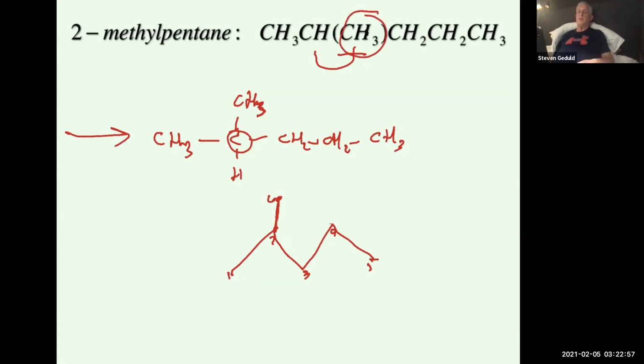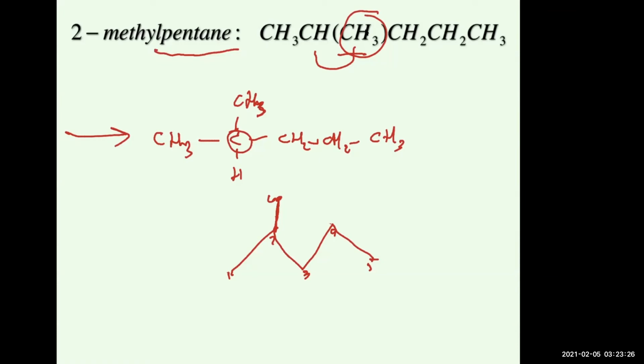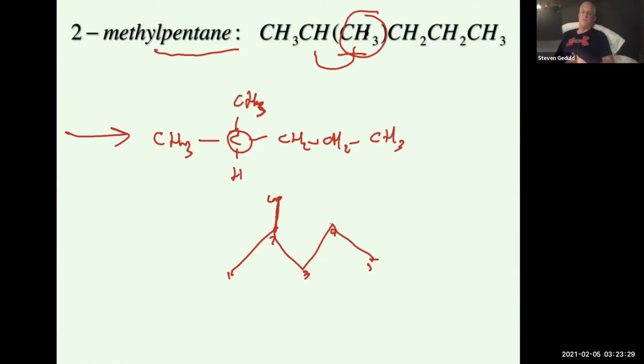And what the name tells you, when we get into naming structures, we'll give you a little preview of it right now. When you're working in organic chemistry, always work backwards. It'll make your life so much easier. So if I'm looking at the name of this thing, if I start at the end, the last word is pentane, right? Pentane means how many carbons? 5, perfect. A pentagon has 5 sides.